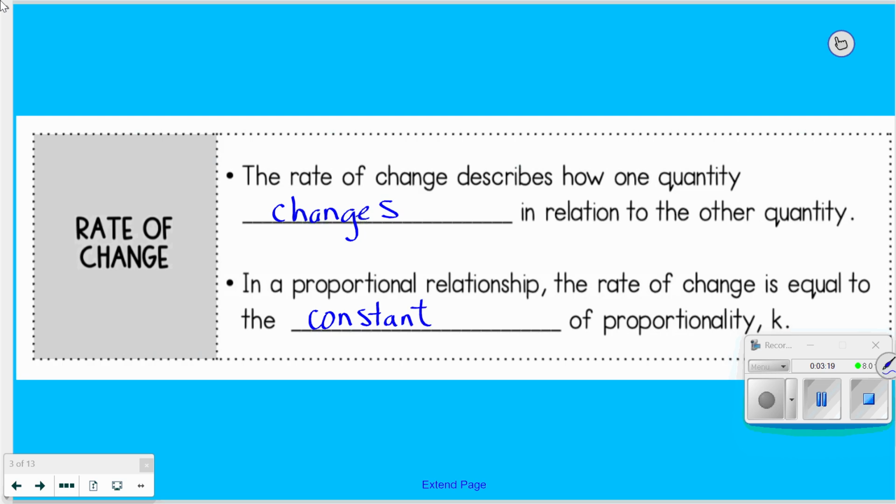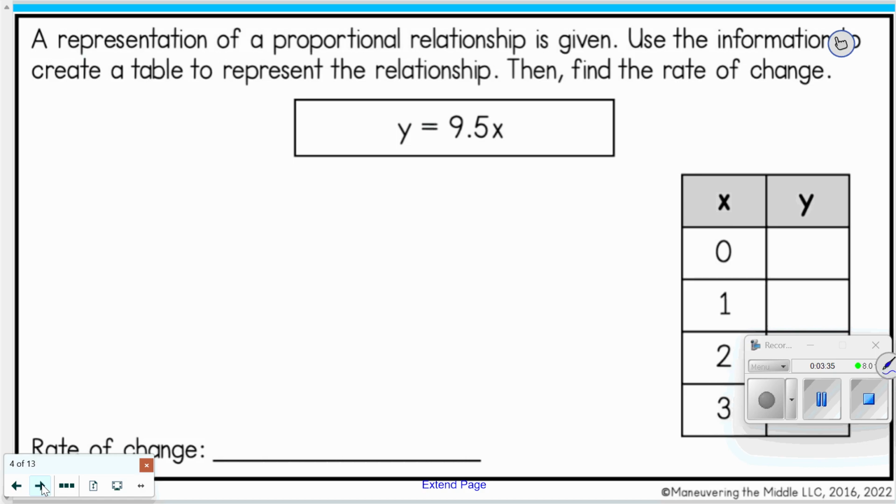In other words, you're going to find it the exact same way. Your rate of change is also going to be found by taking your y value over your x value. So literally, it's the exact same thing, guys. Normally, when we're talking about rate of change, it's on tables and graphs. So how is it going up?